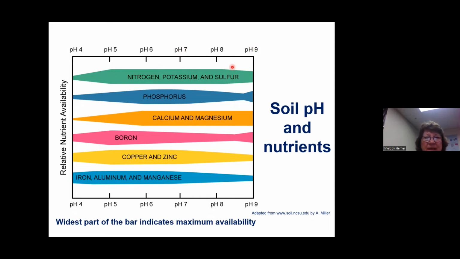At those higher pH values, there are certain plant nutrients that become less available. Phosphorus, copper and zinc, iron and manganese, all these things become less available. There's a diagram similar to this one in the chapter on soils and nutrients. So don't try to rework this. You've got a copy of this.